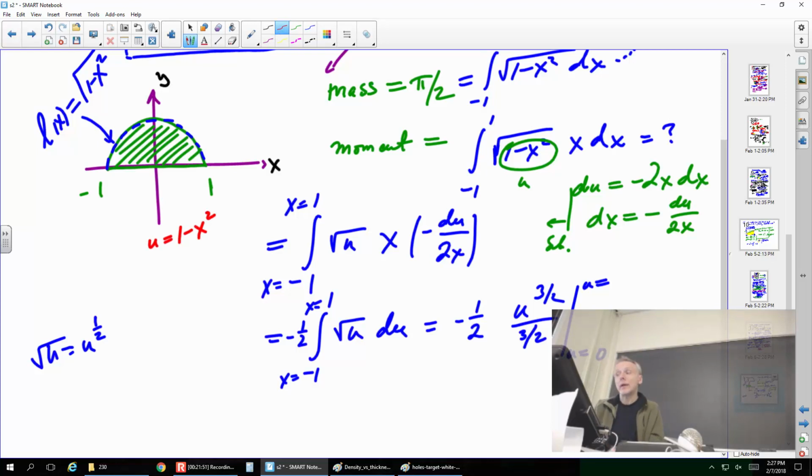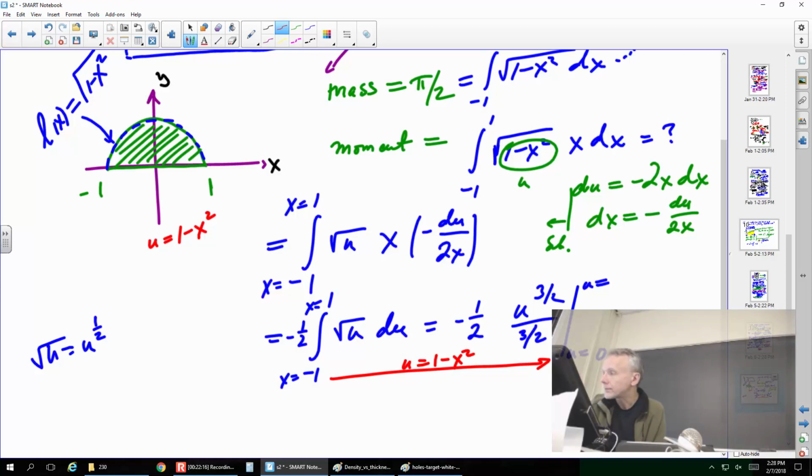Now I have the substitution finished and my antiderivative in terms of u, but for my definite integral I have to have my limits in terms of u. So what I do, I simply substitute. If x is equal to 1, then u is equal to 0, right? u is equal to 1 minus x squared.